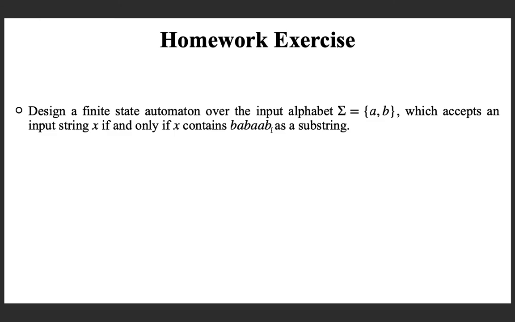Try to come up with an automaton. After you draw the automaton, run that automaton on this input, and also consider some strings which should be accepted and some other strings which need to be rejected, and see whether you are getting the right automaton or not. In the next lecture, we shall see how you can do it automatically.